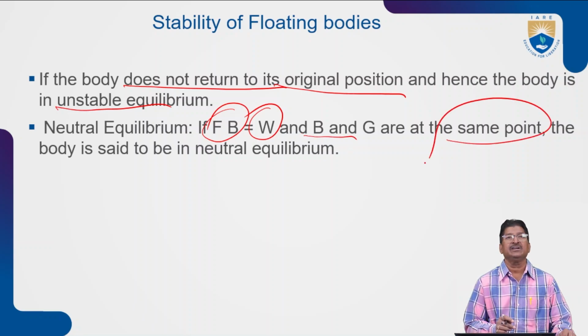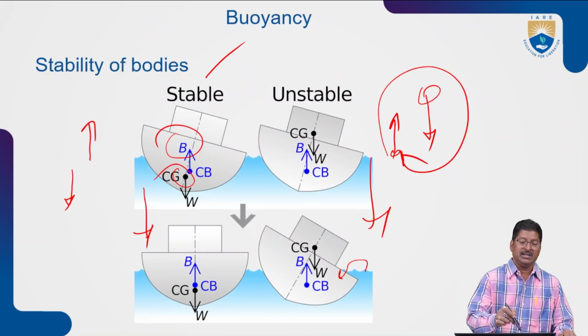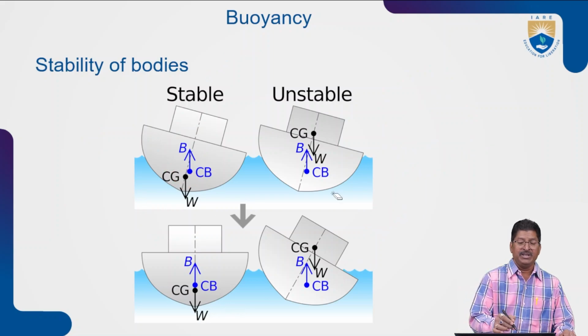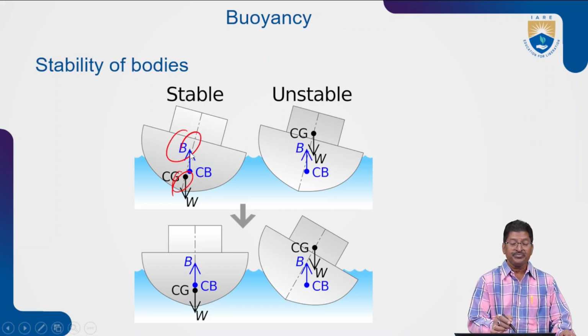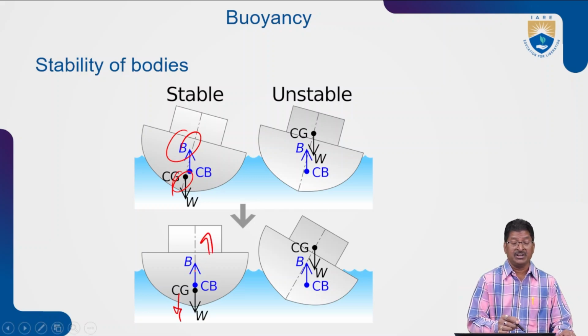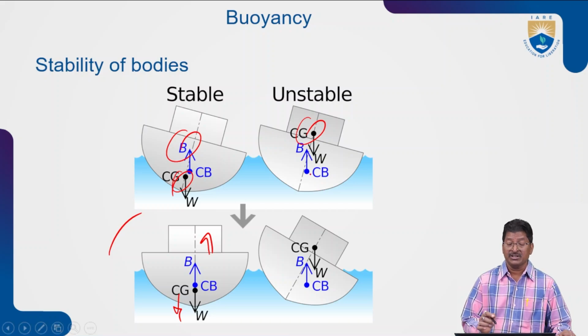You can see in this figure, for stability, B is acting upwards and G is acting downwards, and B is above G, the center of gravity. Then it gives a righting moment so that the body returns to its original position. That is stable. If the point of buoyancy is below the center of gravity, the weight of the body, it makes a couple formation and it will sink.